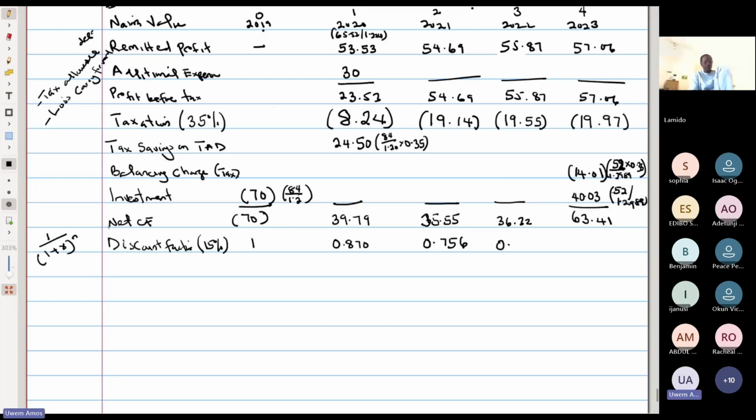Someone can double check that with me. And then finally, 1 divided by 1 plus 0.15 raised to the power of 4 gives us 0.572.